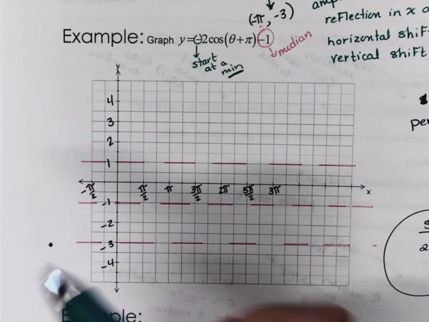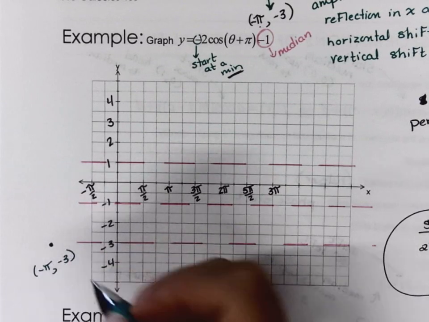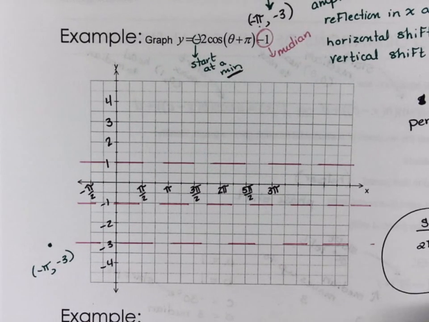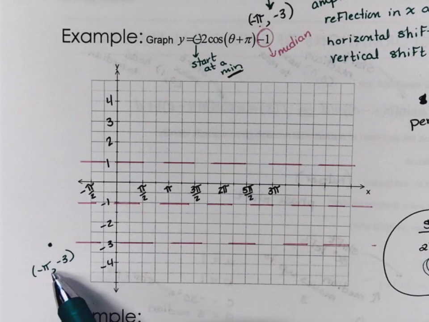So if that is at -pi and -3, I'm going to go 90 degrees. Every 90 degrees, something's happening. So if I'm at negative pi, and I add 90, pi over 2, to it, where am I?